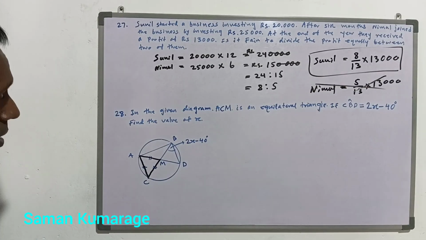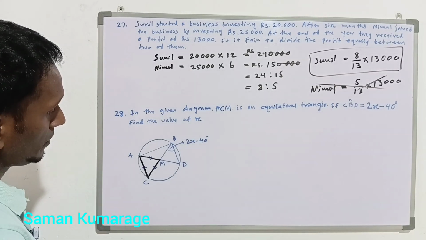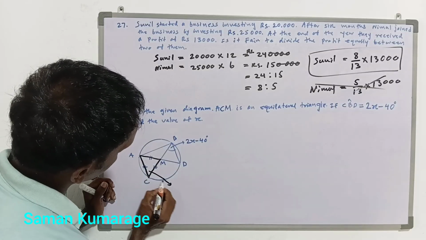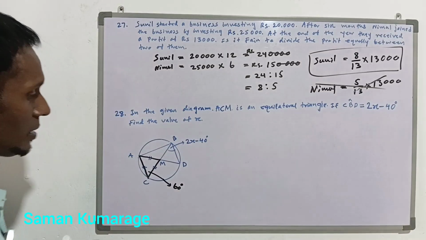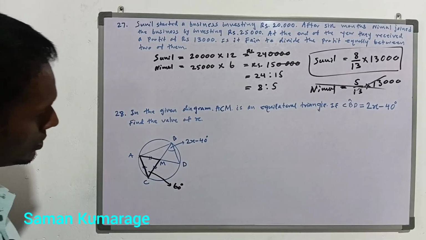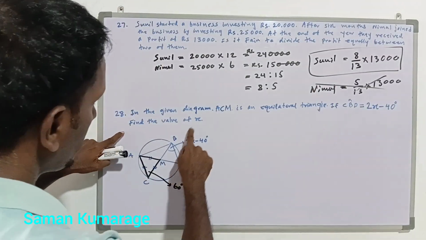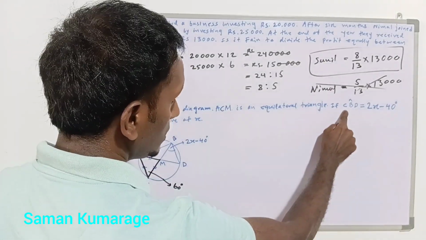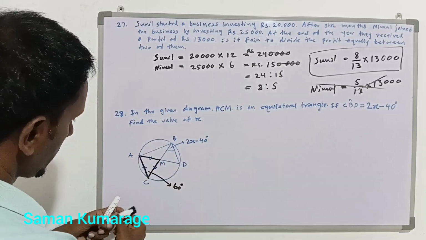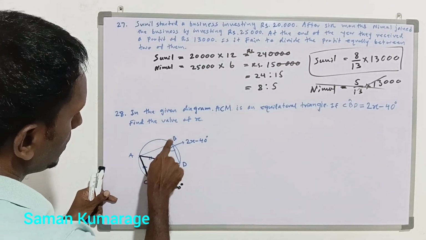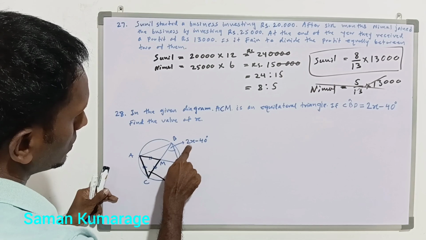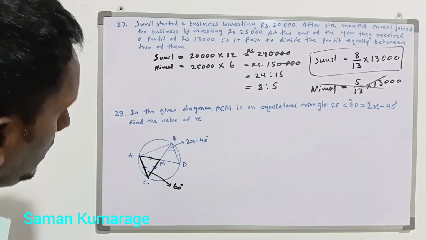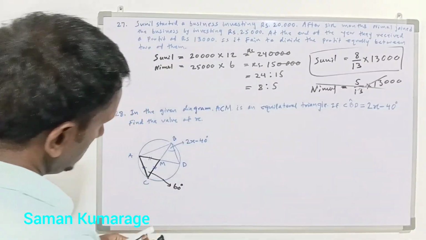And also in an equilateral triangle, each angle is equal to 60 degrees. We know that. So how to find the value of x? CBD equals, here CBD, this angle I have written outside the circle so that you can clearly see it.